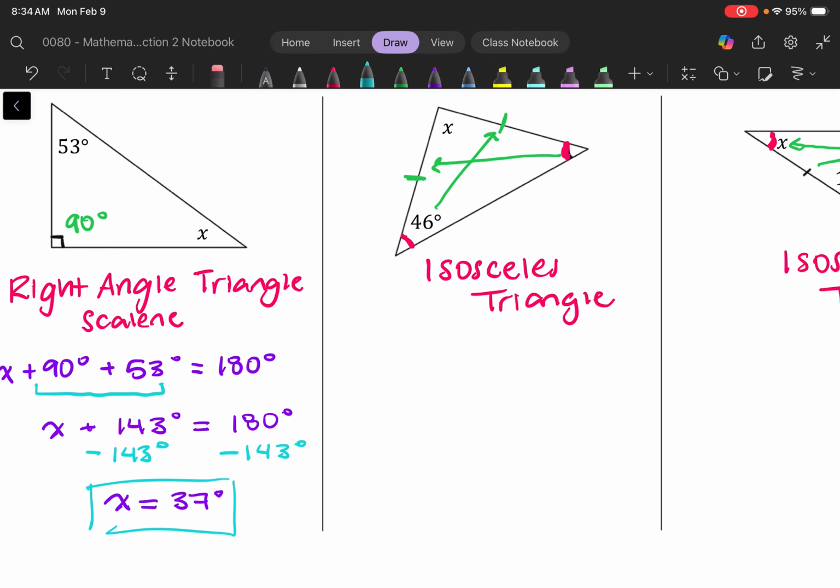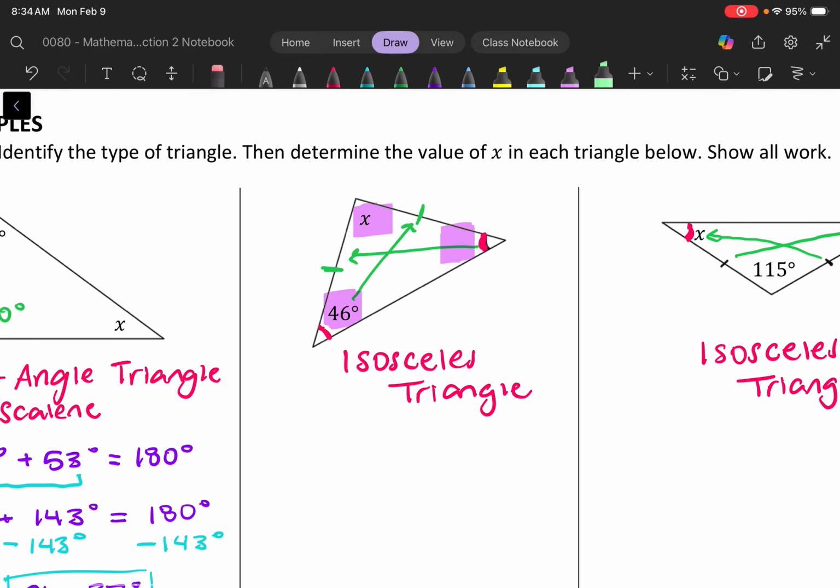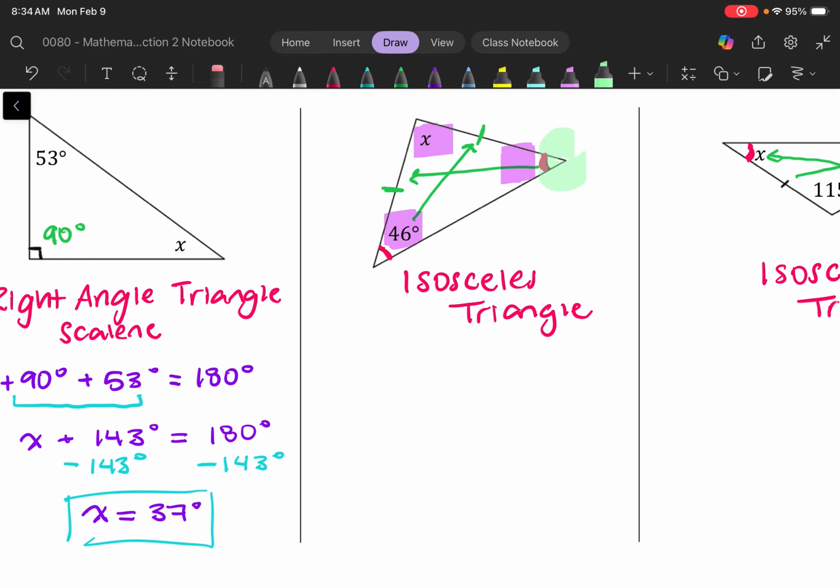Now you might think to yourself, hey, Miss T, I only know the value of two of the angles here. I have x as one of the values and 46 degrees as the other. What about this guy? And that's where those congruent angle markings come in handy. This angle is congruent to this angle.